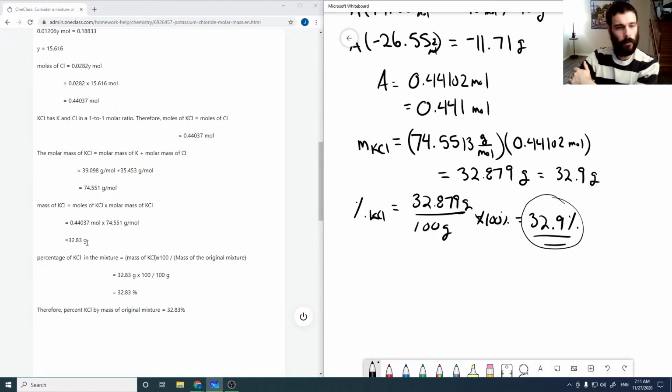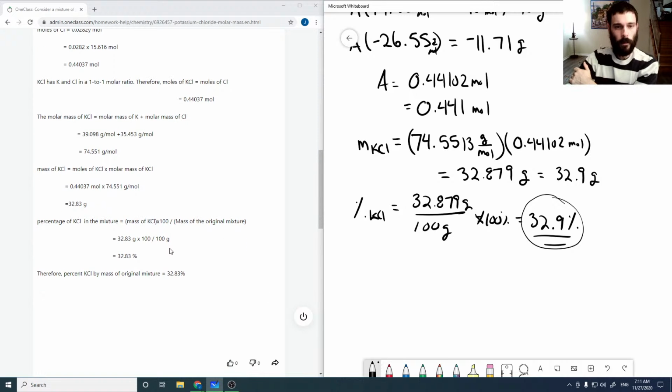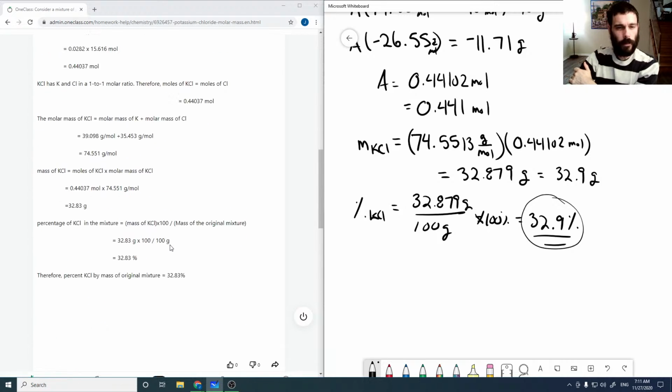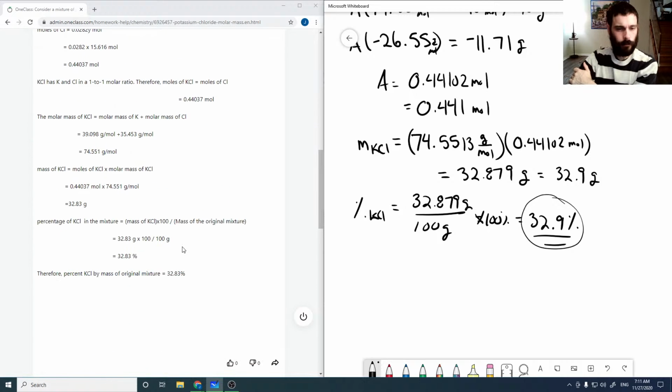But then using this, we get 32.83 grams, and in the end 32.83%. Whereas mine, rounded to 2 decimals, would be 32.88. So likely it's just off by some rounding differences.